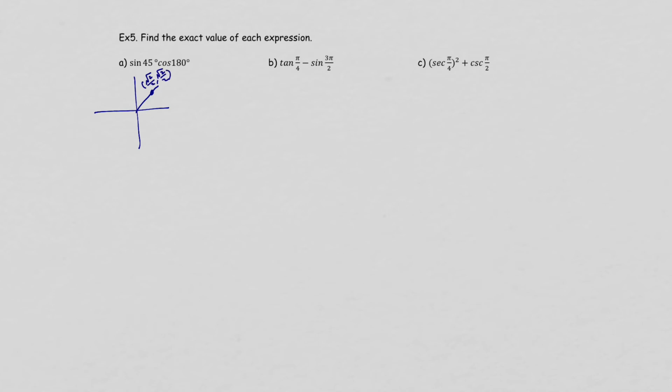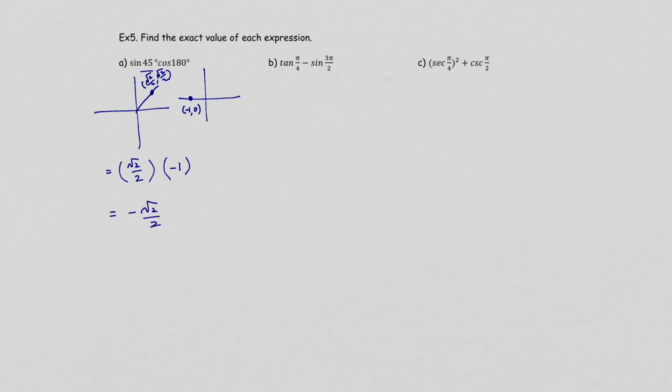So your sine of that is going to be your y value, square root of 2 over 2, times, let's do cosine of 180 degree, your 180 degree right there, and that point is going to have negative 1 and 0. Cosine is your x value, which is negative 1. And when you multiply that, it gives you negative square root of 2 over 2, right?